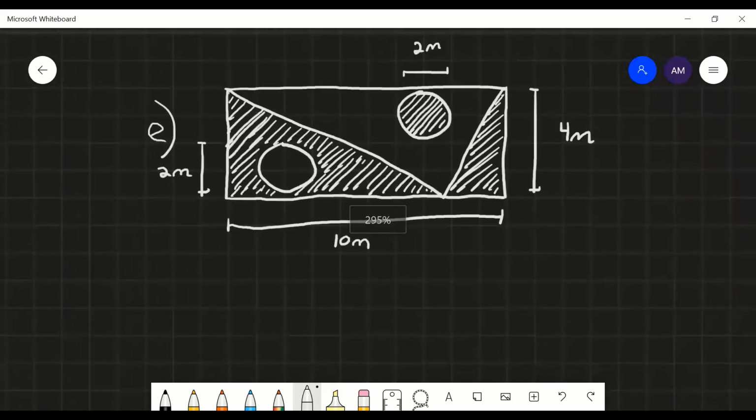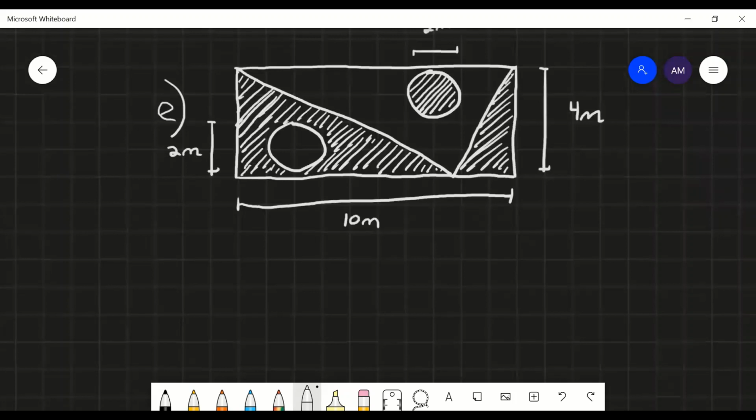So where to begin with this thing? Let's start by looking at this triangle and this triangle together.